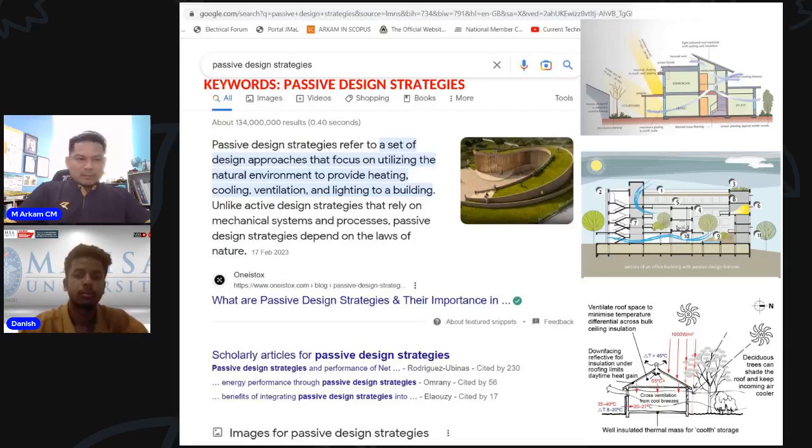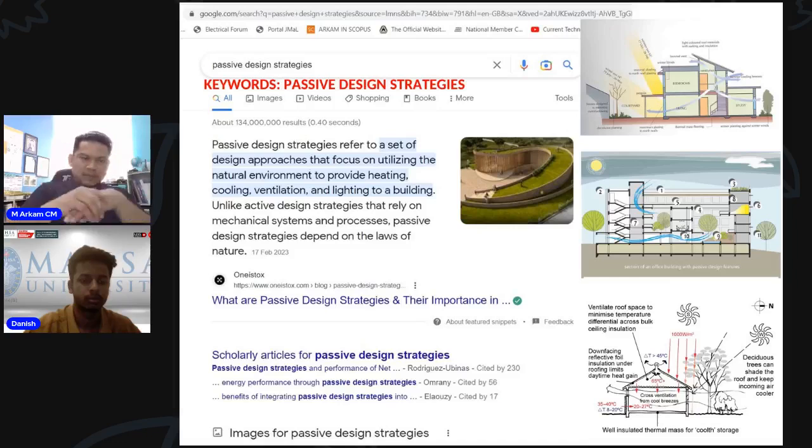To provide heating, for some countries, we've got that heat. Cooling for other countries, the four seasons, and also ventilation and lighting to the building. So this is what we're talking about with passive design strategy. The Google definition also contrasts it with active design strategies that rely on mechanical systems.